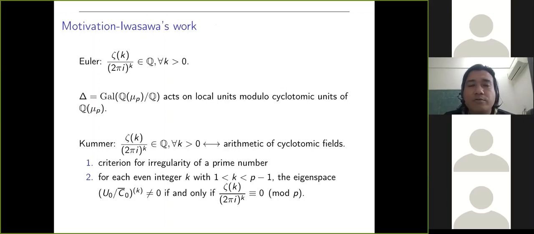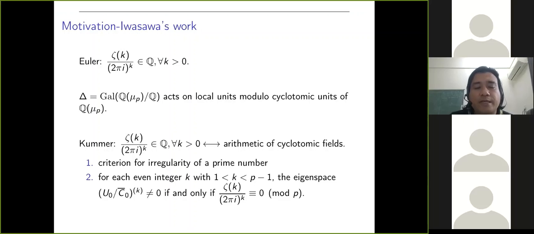One striking thing about the special values dates back to the work of Euler, who showed that zeta k, for the Riemann zeta function, divided by (2 pi i) to the power of k, gives rational numbers for k positive. Much later, Kummer gave a connection of these numbers with the Galois theory of Q(mu_p) over Q.